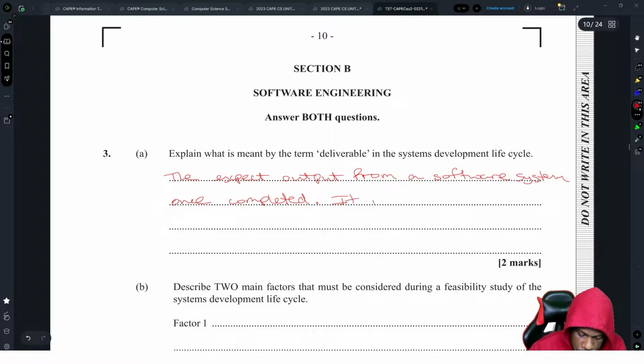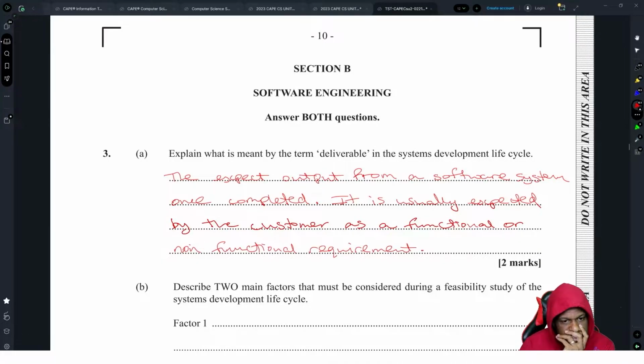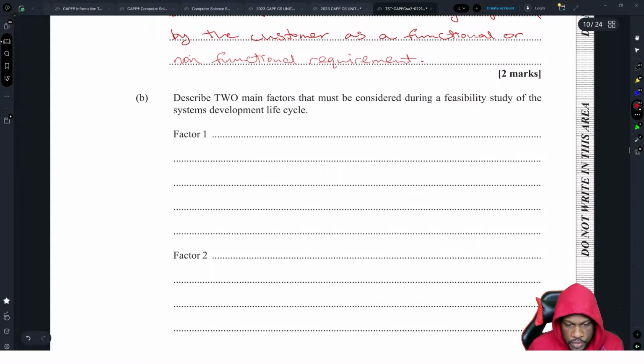It is usually expected by the customer as a functional or non-functional requirement. Yeah, we'll just put that in, because this is why IA is functional or non-functional. Right. Yeah, basically.